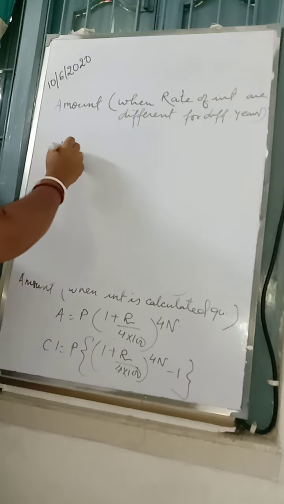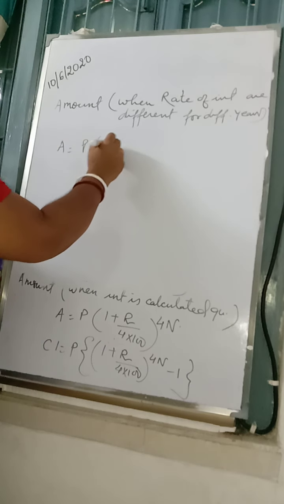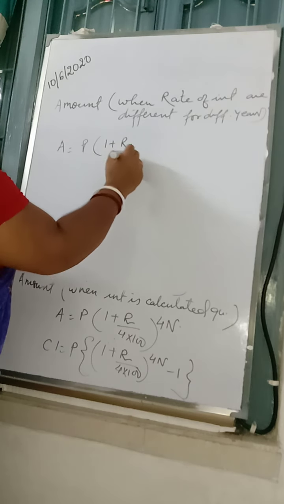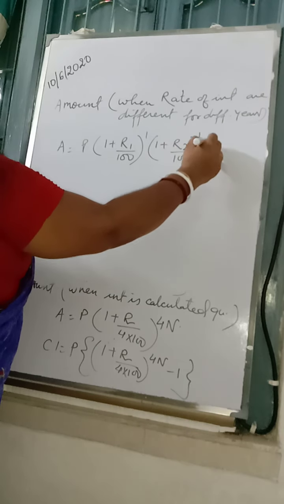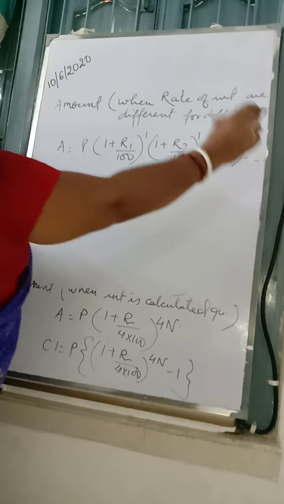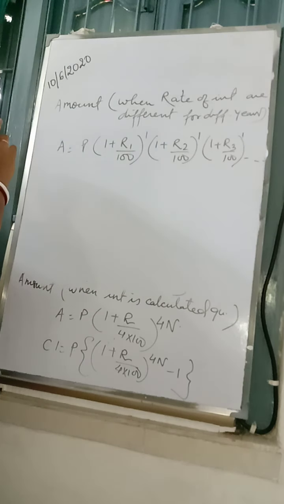So A is equal to P into 1 plus R1 by 100 to the power 1 into 1 plus R2 by 100, 1 plus R3 by 100, and it goes on if you have more, is it? This is the amount formula if you have successive rate of interest.